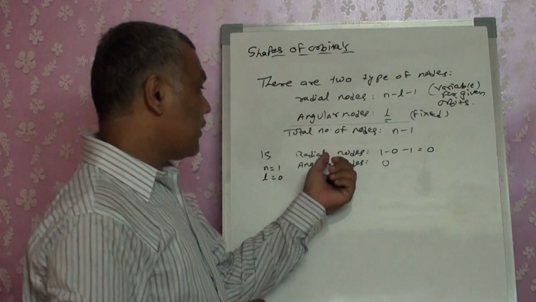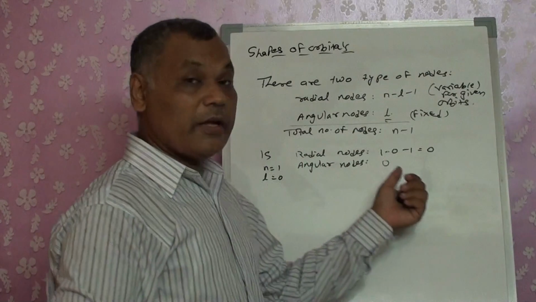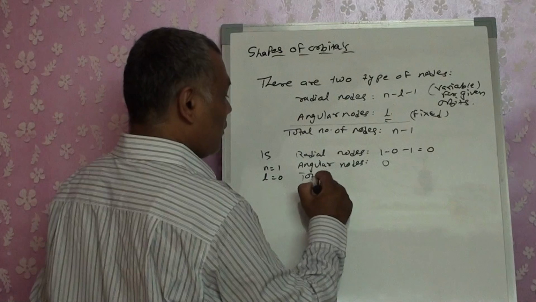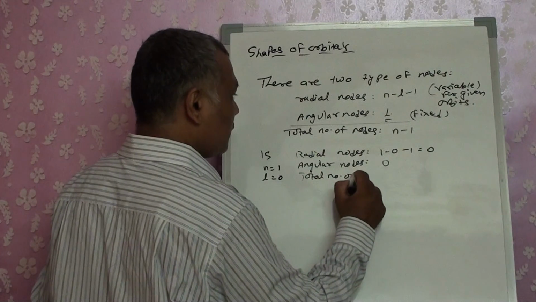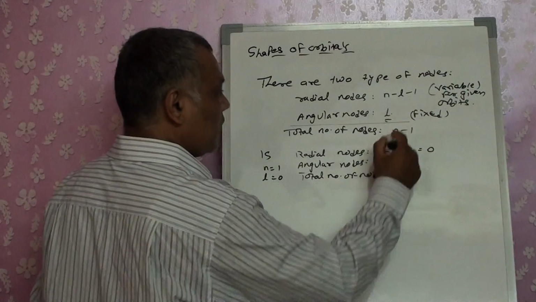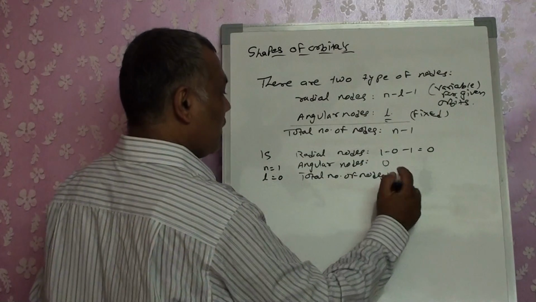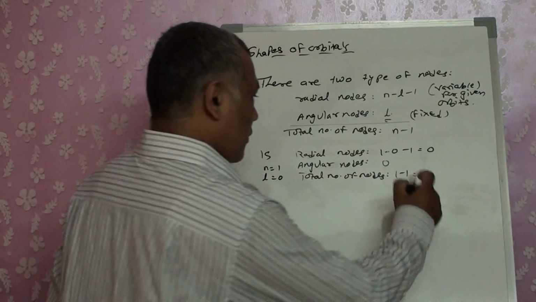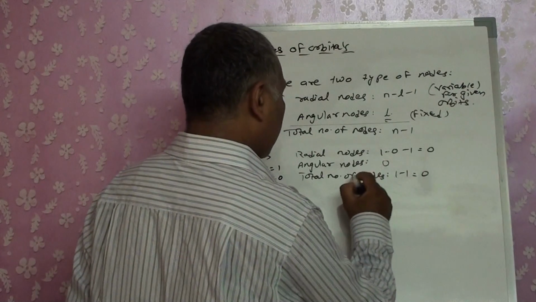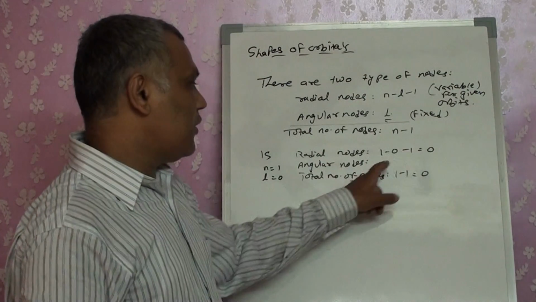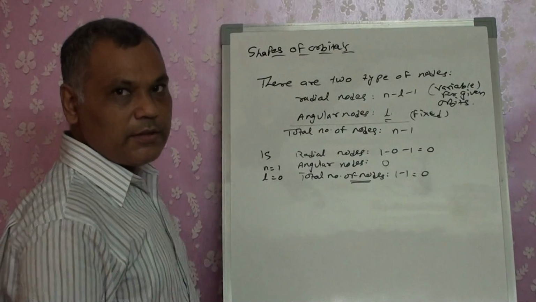So we got radial nodes 0, angular nodes 0, and if we calculate the total number of nodes, we get the answer n minus 1, that is 1 minus 1, 0. The total number of nodes is nothing else but radial plus angular, 0 plus 0. We got the answer 0.